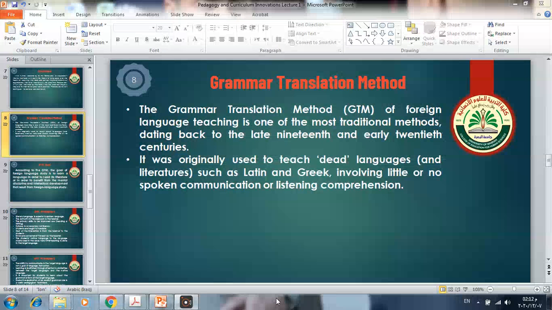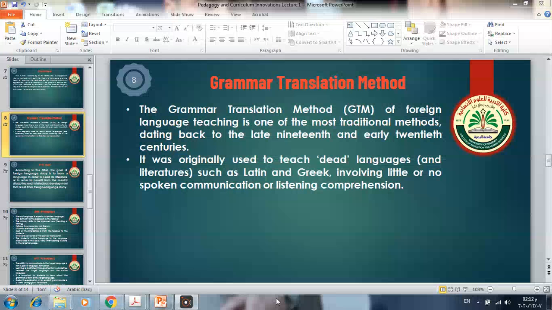Okay, because the written history of these languages refers to religion and things that are related to science.